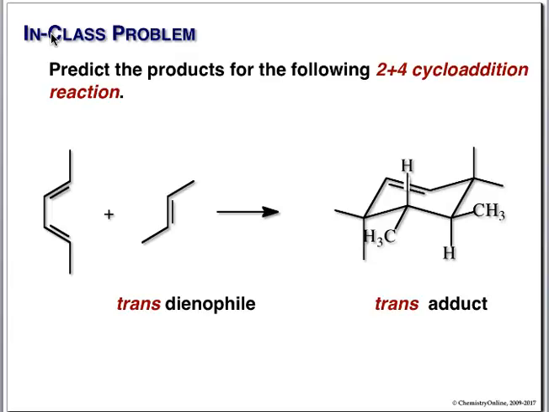Question. Now, our diene here. Our diene was trans, right? We remember because it's trans, we're going to get cis stereochemistry.